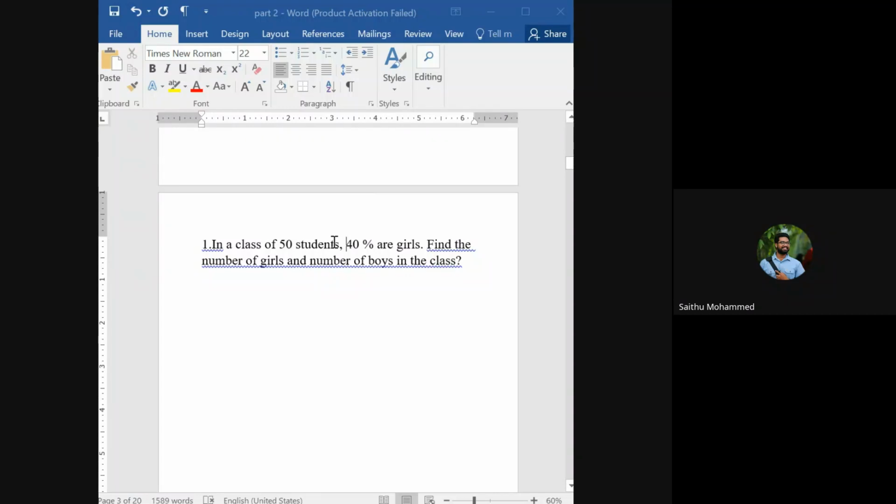That 50 students equals 100%, and out of that 100%, 40% are girls. That means out of 100 students, there are 40 girl students. Simple as that.